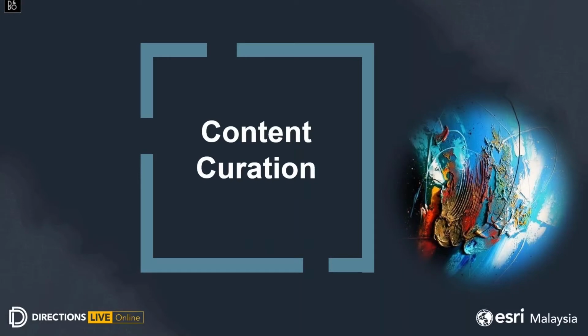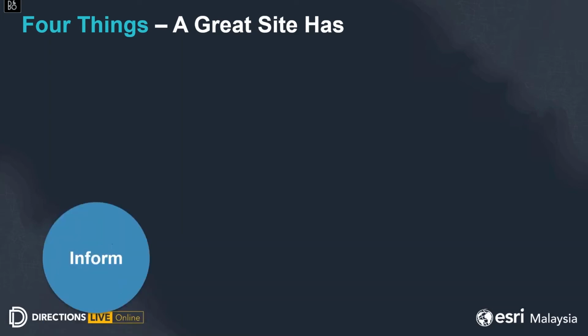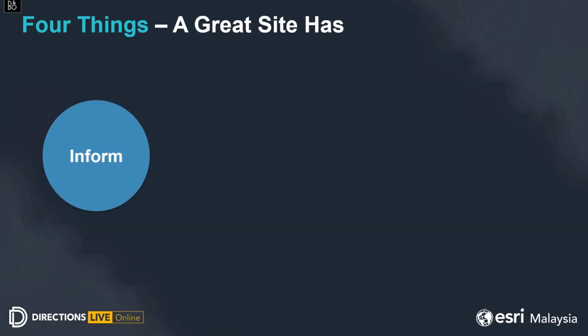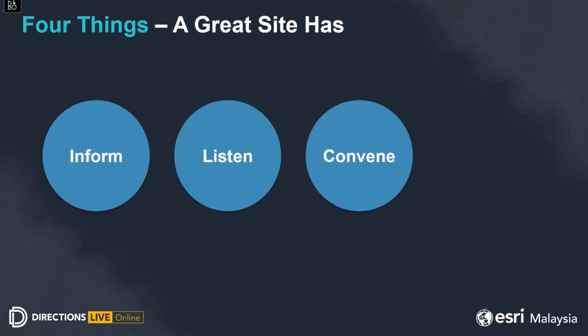Now we go to content curation, where one hub can have many pages to bring your data to life. Now I will give some ideas and tips on how to have a great site with these four things: first, to inform, then to listen, to convey, and then to monitor.